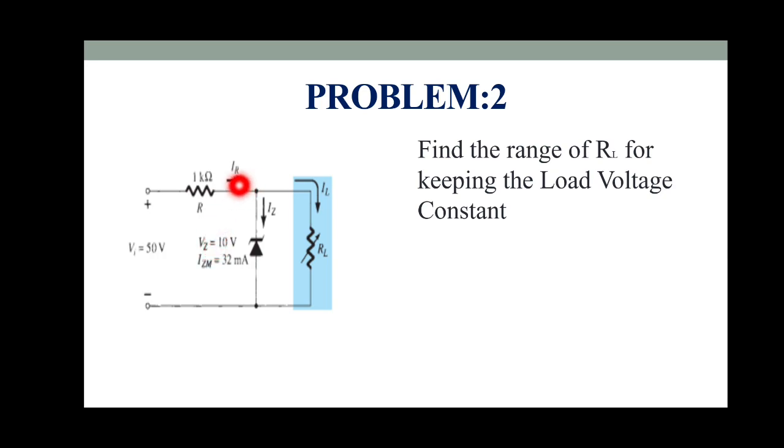So definitely IR will be constant. Applying KCL at this node, IR equals Iz plus IL. Now since IR is constant, when the Zener current is maximum, that is Izm, definitely the load current will be minimum.